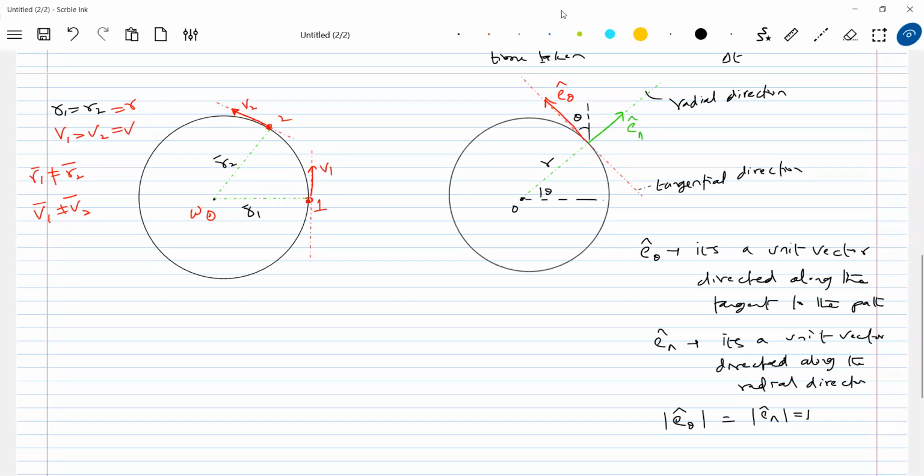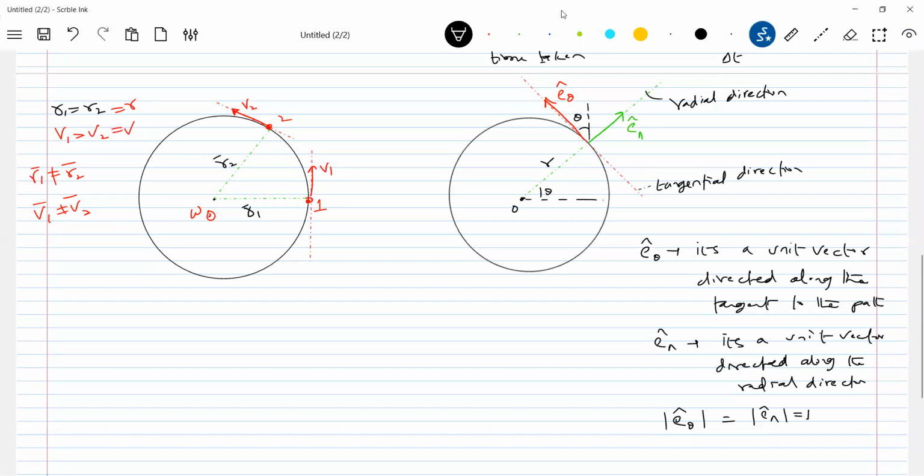Now we are going to learn circular motion using these unit vectors. We'll try to get all the different quantities which are available. I'll go once again to the basic kinematics.